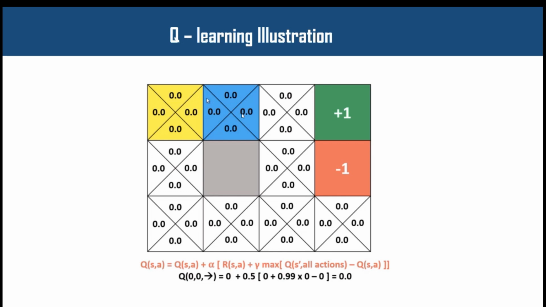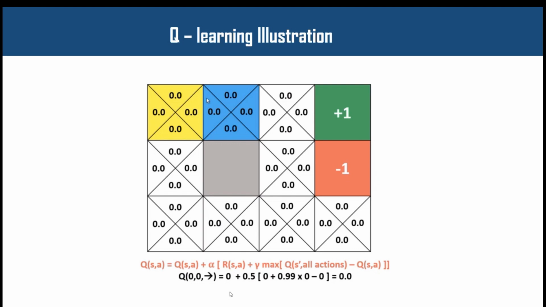The reward will come only at the end. So we get 0. Plus this gamma factor, which we are keeping as 0.99. So we are setting this gamma and alpha. And then Q of S prime over all actions. It has to move from this point to this point, and it sees all these states. When you see all the states, all are zeros. So we get 0 here, minus the actual value, which is also 0. So all are zeros, and there will be no update here.